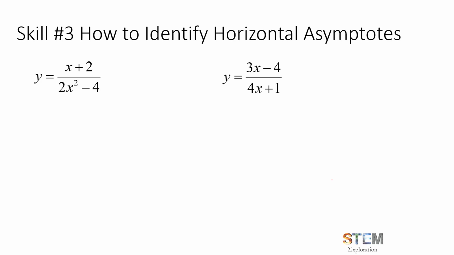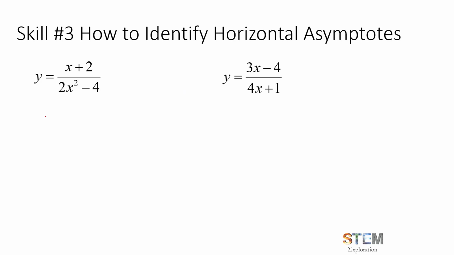So now let's look at some horizontal asymptotes and some of these situations. Horizontal asymptotes obviously are the ones that are flat instead of up and down. In this case, this is done by a relatively simple rule.